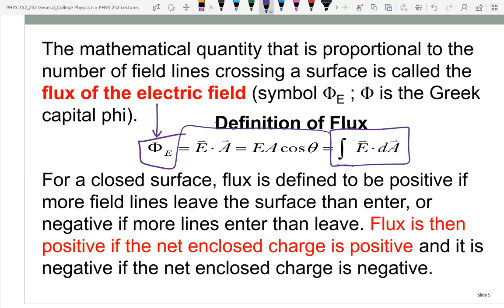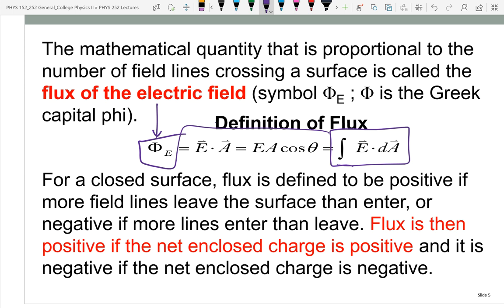So what we're going to have to do is find the electric field vector and the dA area vector, and then take the dot product between the two and integrate. And you look at that and you say, well, that has the potential to be difficult. It does. In most cases, we are going to choose situations where we have a symmetry that makes this simple, so you don't actually do the integral.